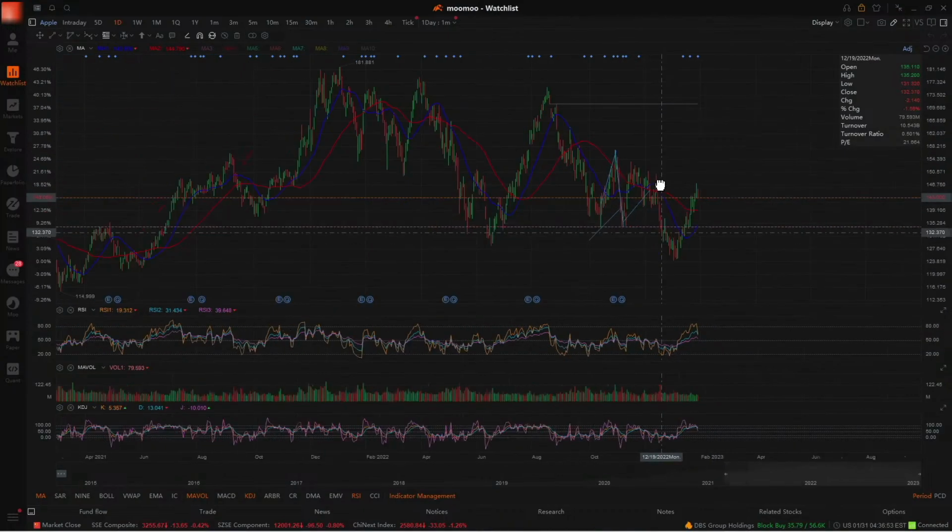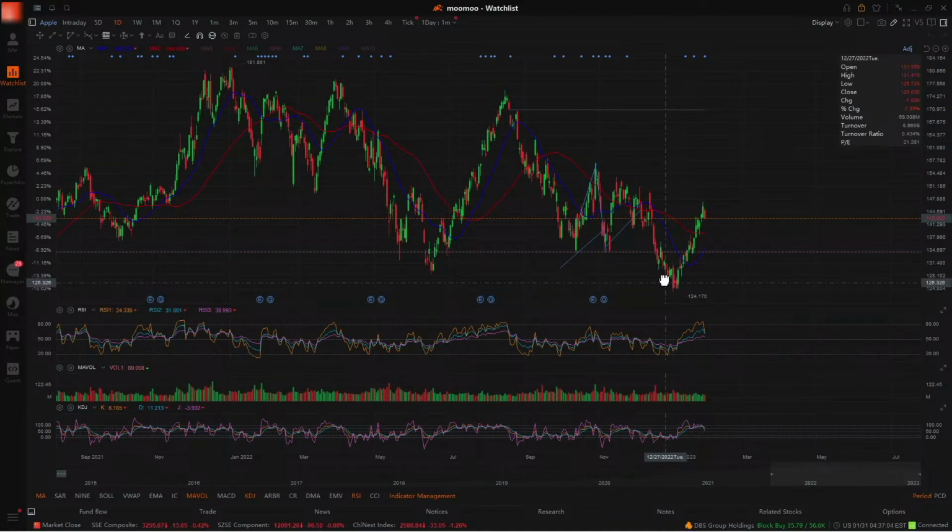Theoretically, whenever the stock achieves a record low, which you can see over here, this Apple stock, on the 3rd of January, in the first week of January, actually achieved a record low since 2020, so it's a 1-year low.